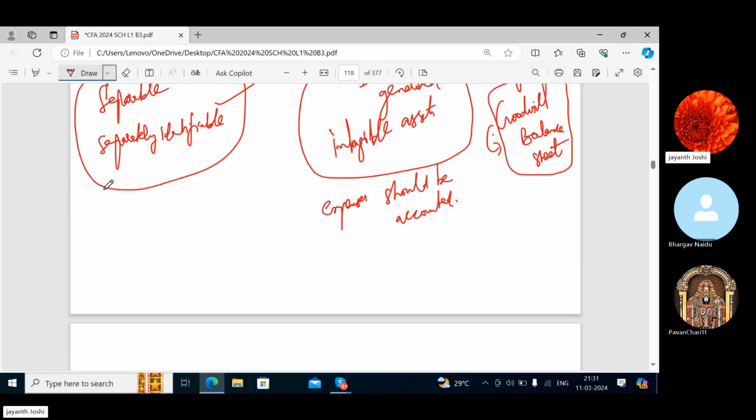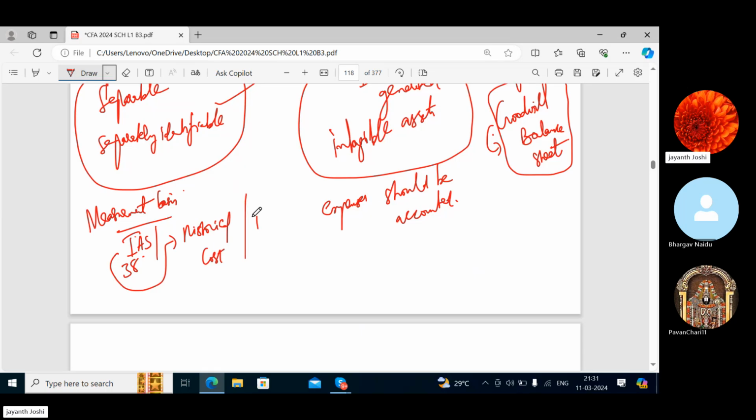Now coming to recognition criteria, things are clear. Now coming to measurement basis, as per IFRS or IAS 38, the intangible assets you are showing can be shown at either historical cost or revalued amount.